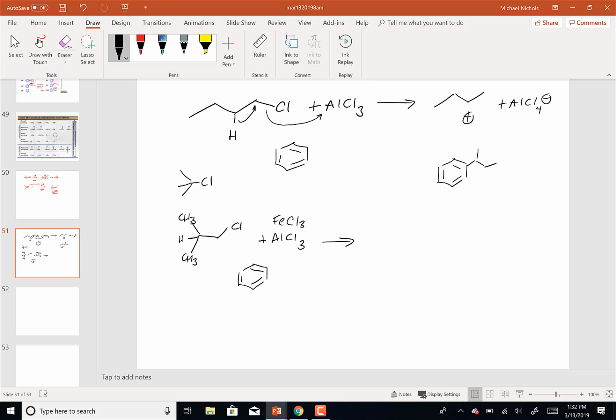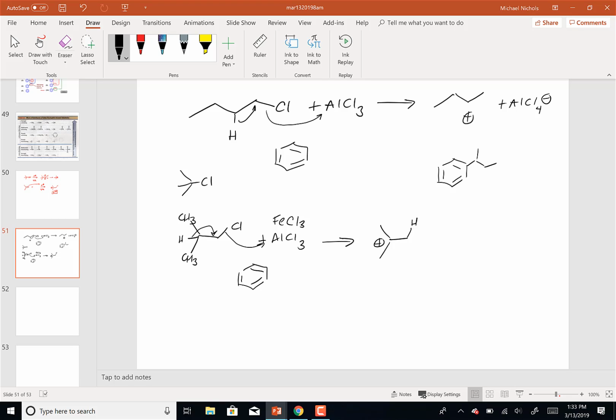So what's happening here? The aluminum is going to grab the chloride away, and this hydrogen is going to shift over so that you would make the tertiary butyl carbocation. And this is the first time, honestly, that I saw that carbocations were real.